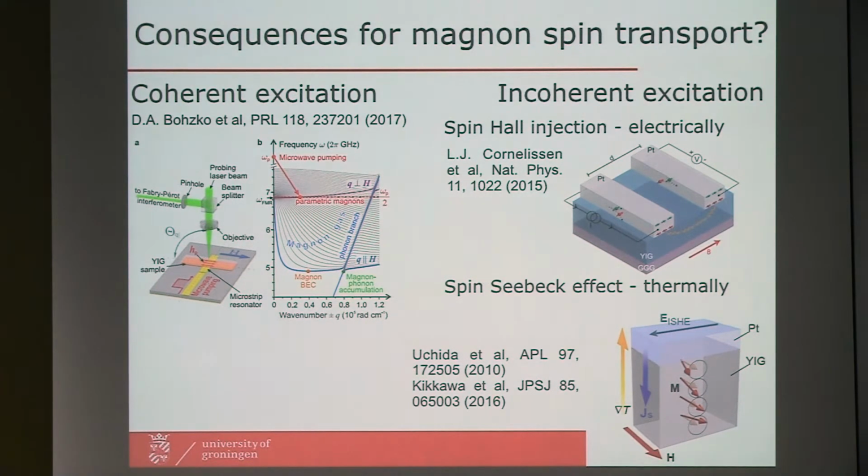This will excite the lattice dynamics in YIG, and it can pump a spin current into the platinum, which you can detect as a voltage via the inverse spin Hall effect. So in my talk, I'll be mostly focusing on this incoherent excitation of magnons. What we want to study is the role of the magnon-polaron, or the magnon-phonon hybridization, if we excite magnons in this way.